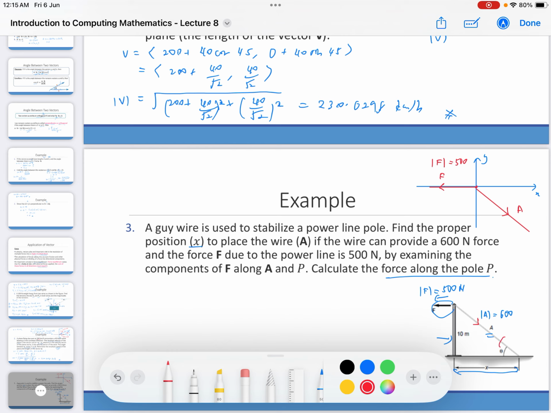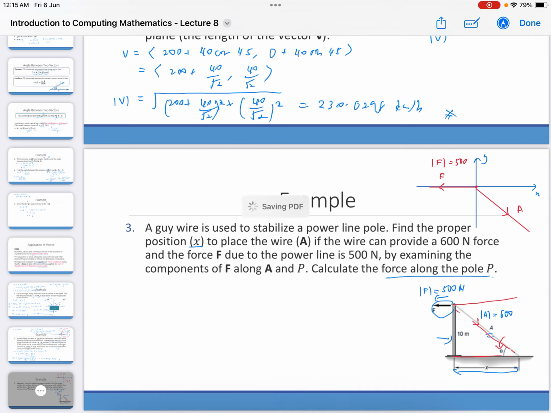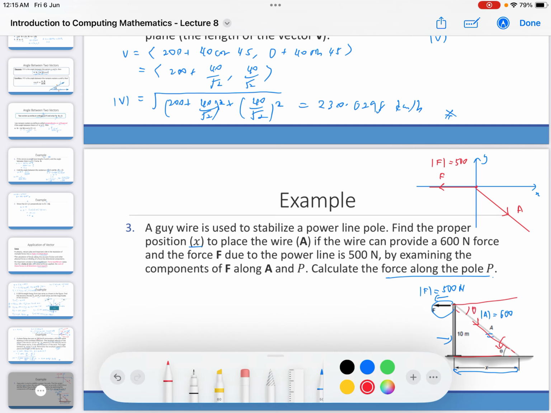If the angle here is theta, then if we draw over here, the angle here will also be theta. The magnitude of A equals 600.